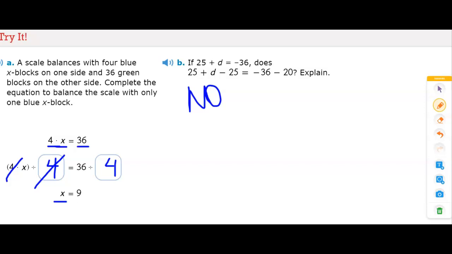So if I'm subtracting 25 on this side, I must also subtract 25 on this side. 20 is a totally different number. So that's not going to be the same and it won't be equal. So that will be the reason why this would not be equal.